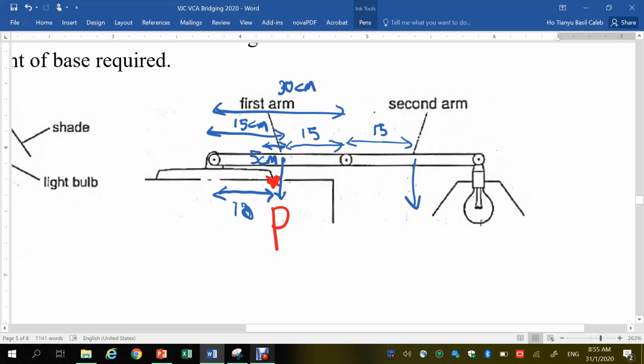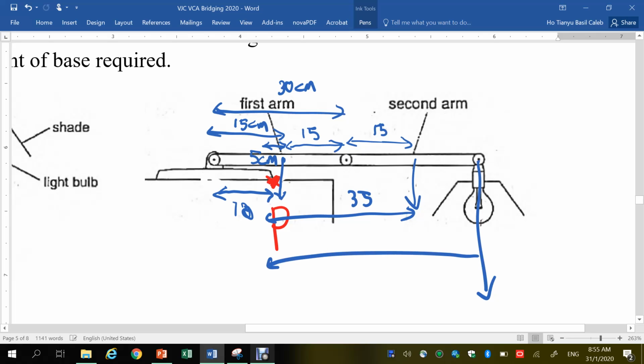So the first arm is 5 cm away. The second arm is 5 plus 15 plus 15, so that makes 35 cm from P. The last one, the weight of the light bulb, this is how much? It is 30 plus 15 plus 5. That seems to be 50 cm away, 0.5 meters.